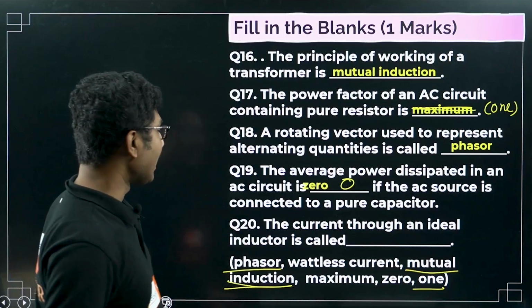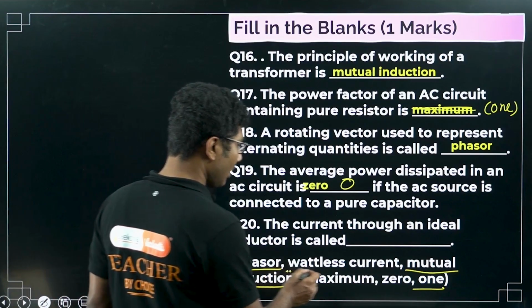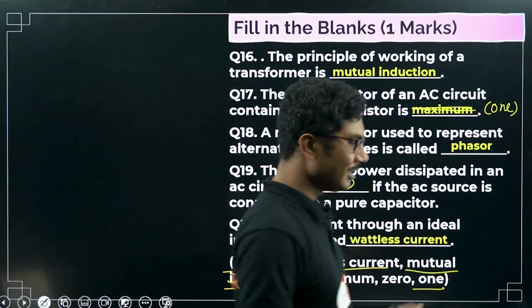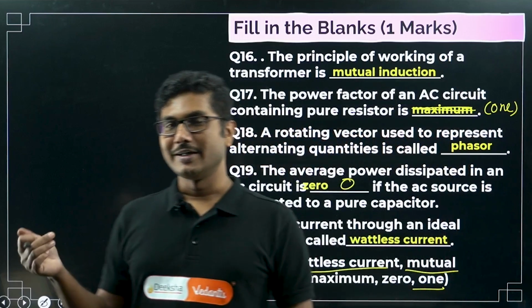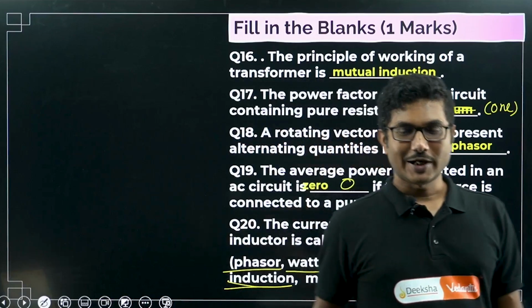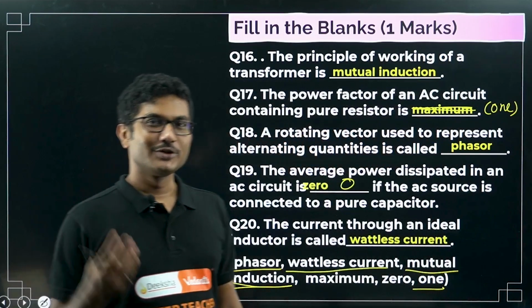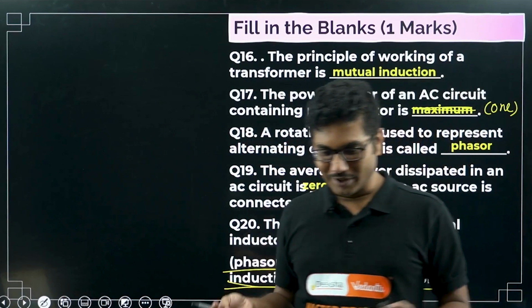The current through an ideal inductor is called wattless current. So there was a term when we were kids in movies and serials, they used to say wattless. The villain of the old generation used to call the heroes wattless. Wattless means you have no power consumption.